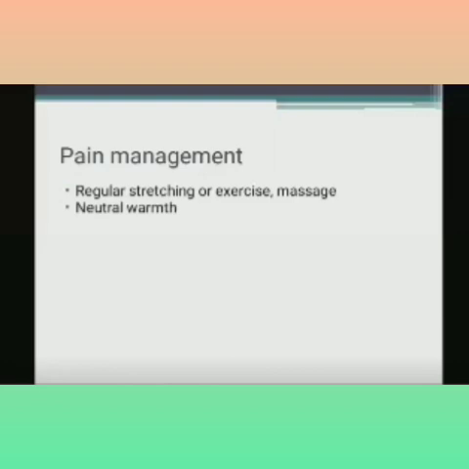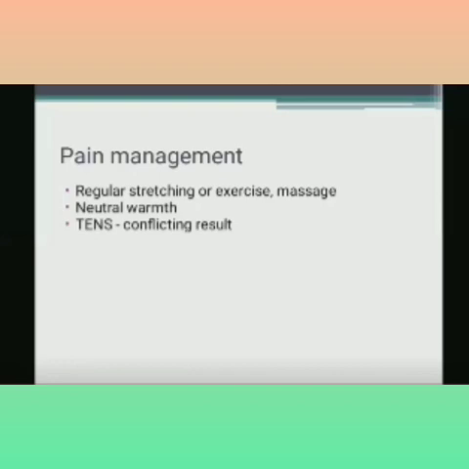To relieve the patient's pain they can use warmth, like a hot pad or anything of that kind, but they have to keep in mind that there are sensory issues, so they have to be very careful on that part. That's why neutral warmth is basically more helpful.